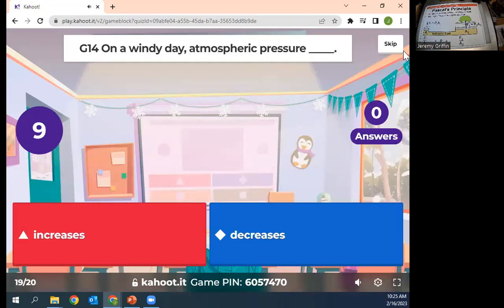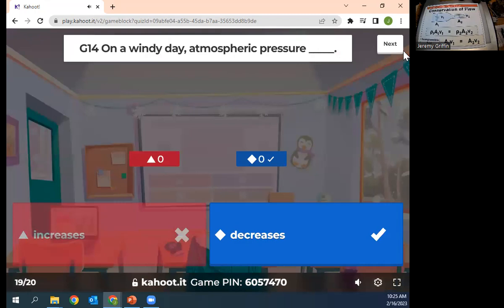On a windy day, atmospheric pressure does what? You guys remember I blew a stream of air over paper and it vacuumed up the paper. The paper lifted. Same thing there. If you have moving fluids, it will decrease pressure.